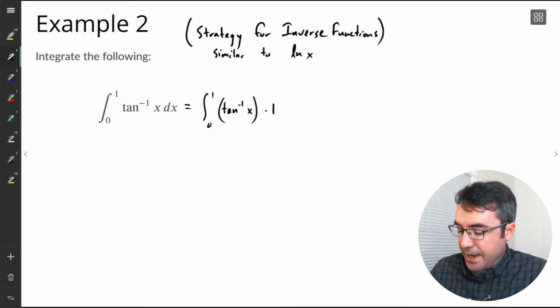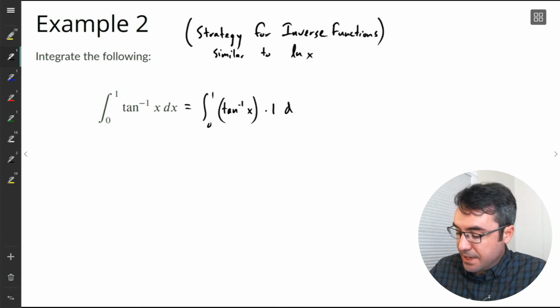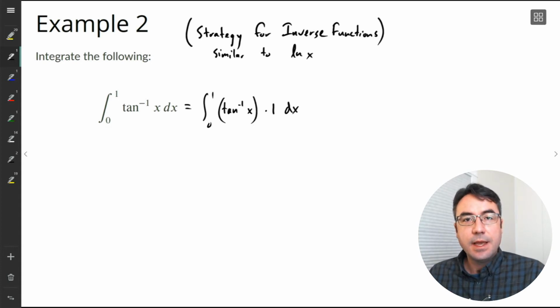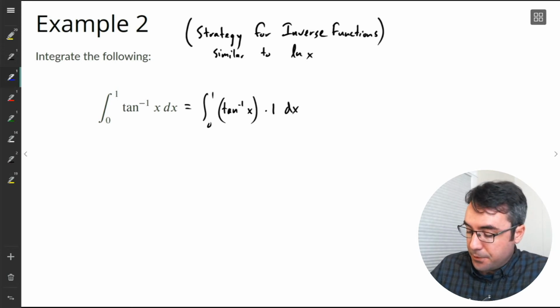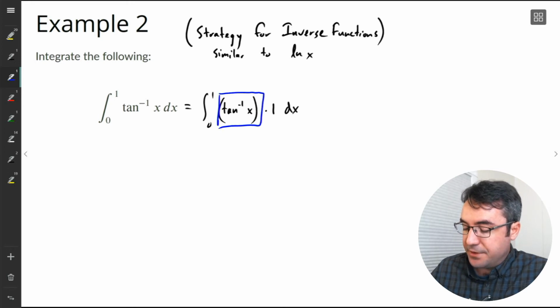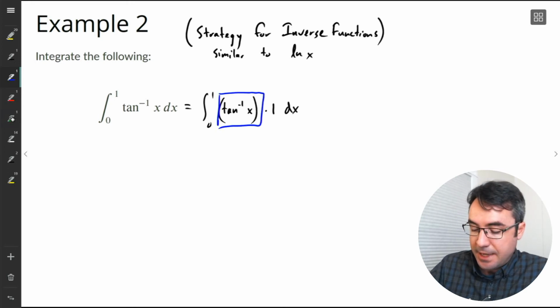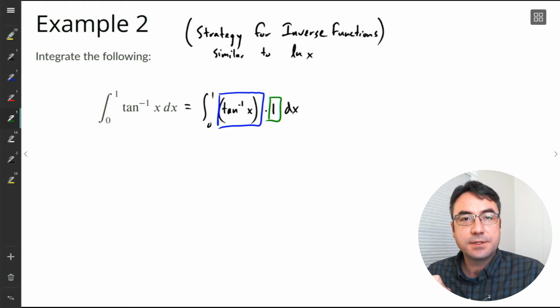So we'll rewrite it as inverse tangent x times 1 dx. And so rewriting it as a product like that, we go through and we identify the parts of our function. So we have this inverse tangent part, and we have this algebraic part.